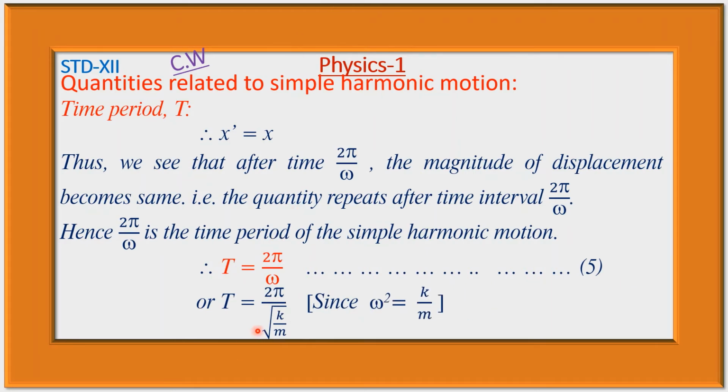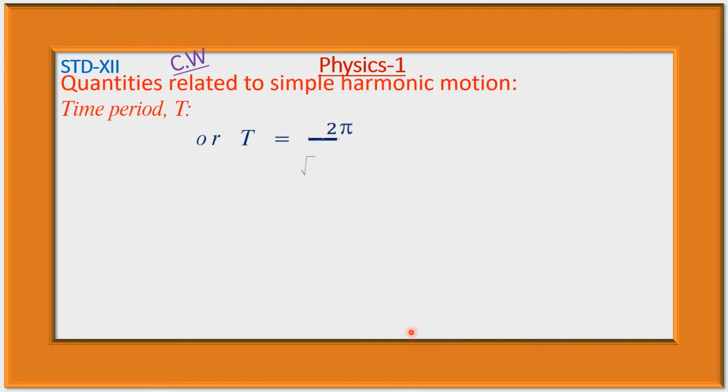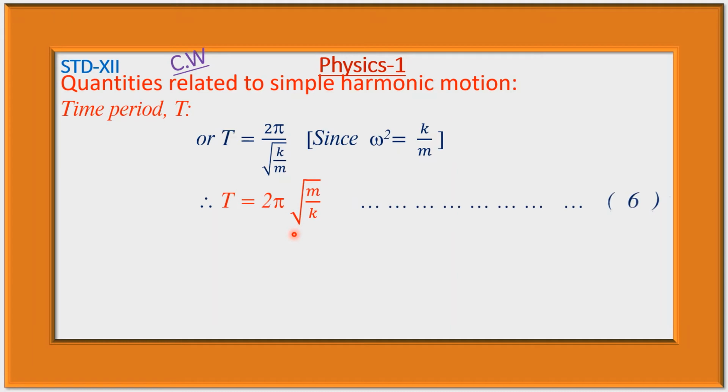Or T = 2π/√(k/m), because we know ω² = k/m, so ω = √(k/m). Putting the value of ω here, you can write T = 2π√(m/k).